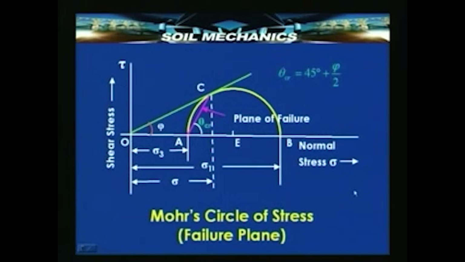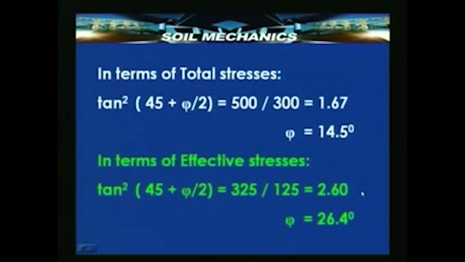Here is the Mohr circle. By drawing the Mohr circle, we can get the cohesion and friction corresponding to this envelope, and if it is a drained test, C will be 0. In terms of total stresses, for this particular problem we get phi is equal to 14.5, and in terms of effective stresses, phi is equal to 26.4.